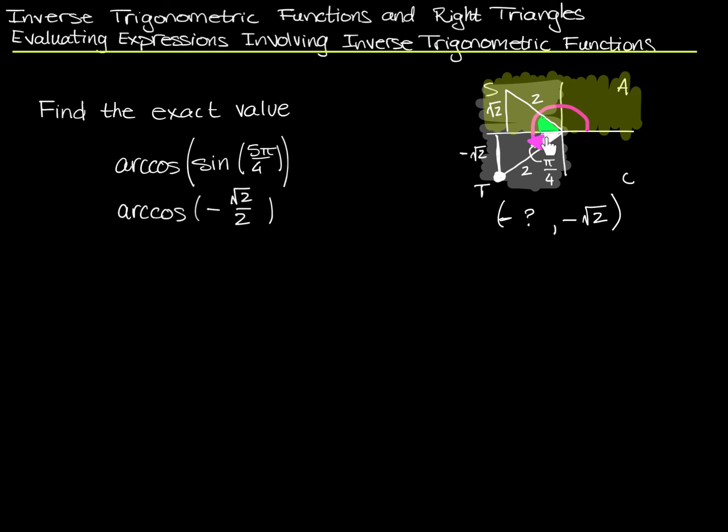We decided we needed the same size of reference angle as we did in quadrant 3, but in quadrant 2. So now the reference angle is pi over 4, but the angle I'm looking for is this one right here. That's the angle that satisfies this question. And that angle is 0 pi over 4, 1 pi over 4, 2 pi over 4, 3 pi over 4. So the answer to this question is 3 pi over 4.